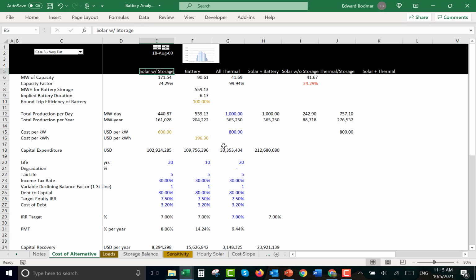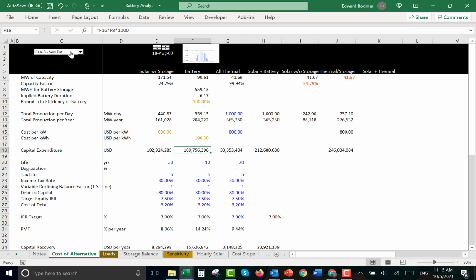We need to put in the total maximum load. I'm sorry, I got that wrong, and that's why I make these kinds of mistakes here. And then we can get the upfront cost.